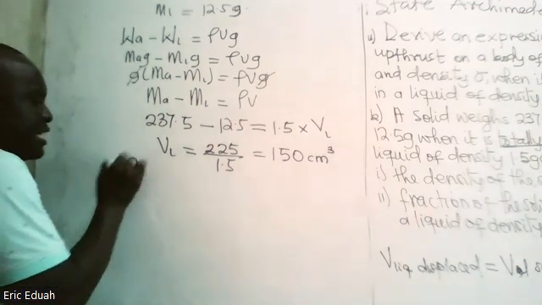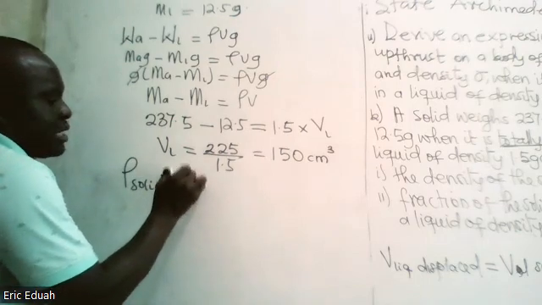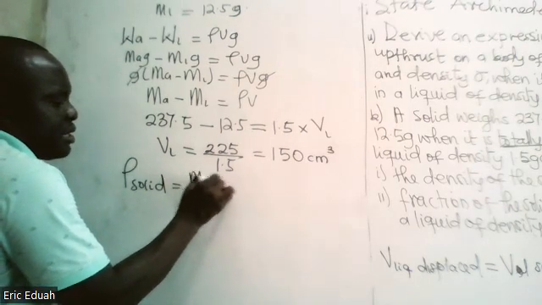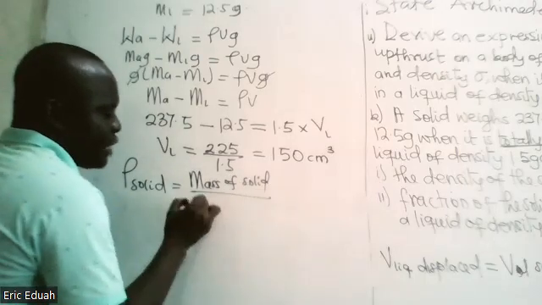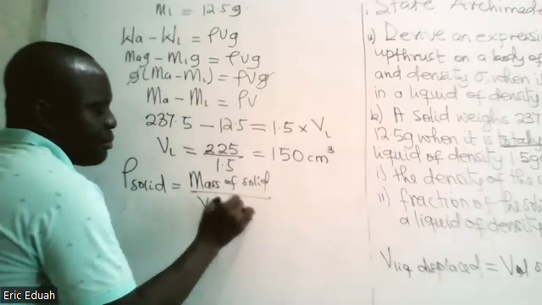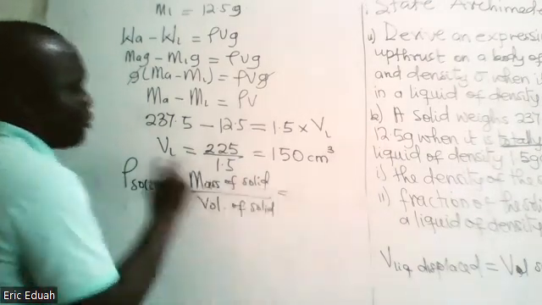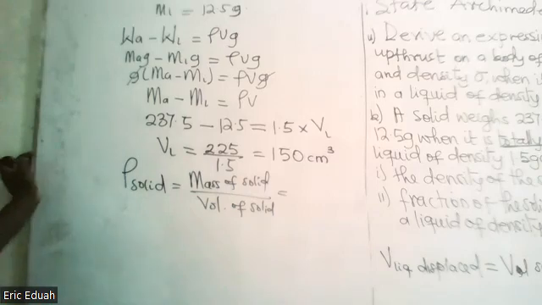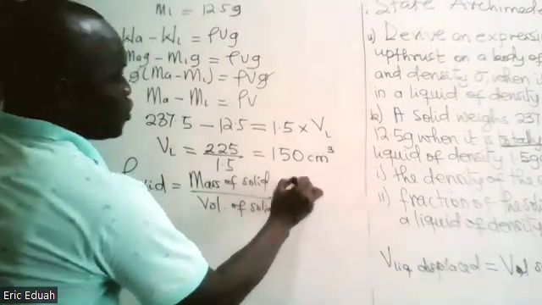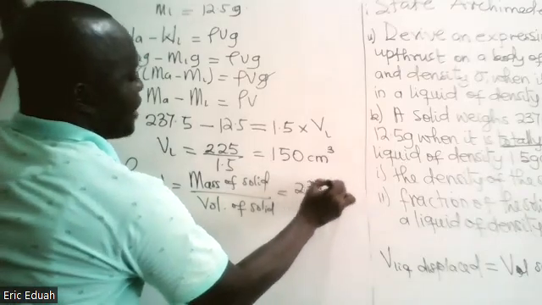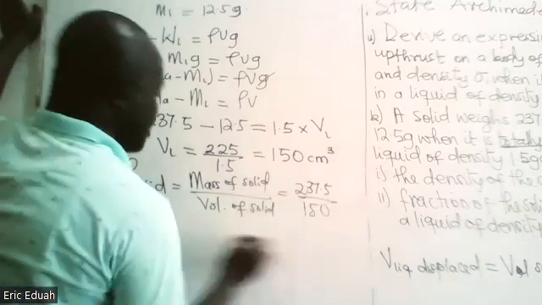Therefore, the density of the solid is equal to the mass of solid divided by volume of solid. And once this is completely immersed, the volume of the liquid displaced is equal to the volume of the solid. So we have 237 divided by 150.